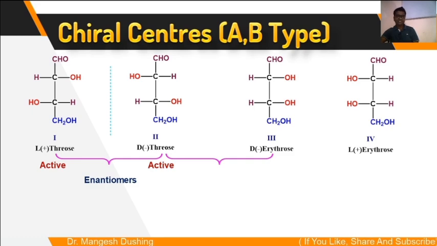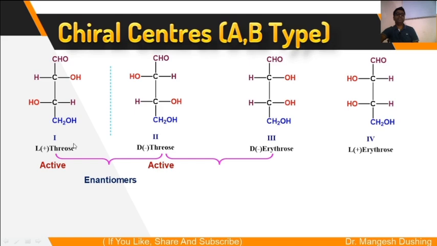Are those mirror images? No, those are not mirror images. Here H is okay, but here is OH, here is H. So these are not mirror images of each other. The stereoisomers which are not mirror images of each other are called diastereomers. Correct. So compound number 2 and compound number 3 are diastereomers of each other.